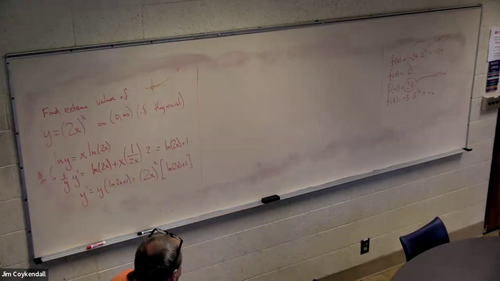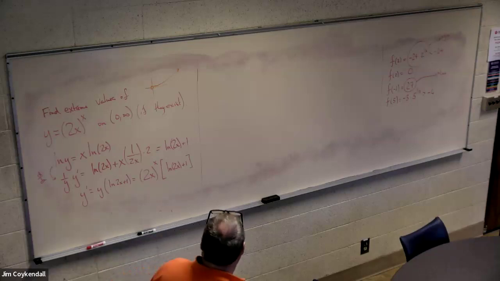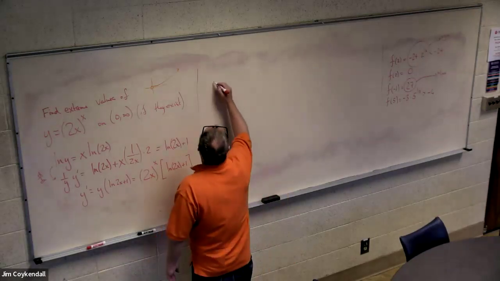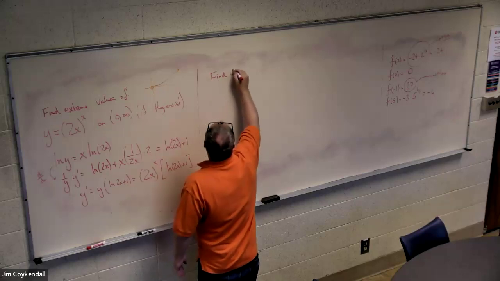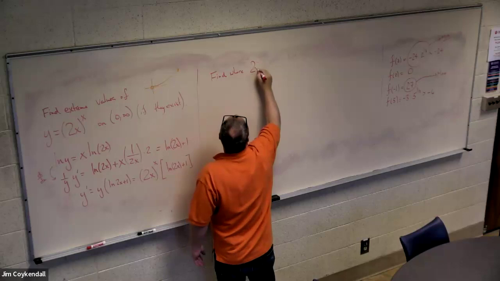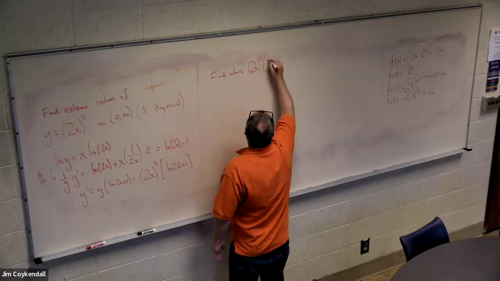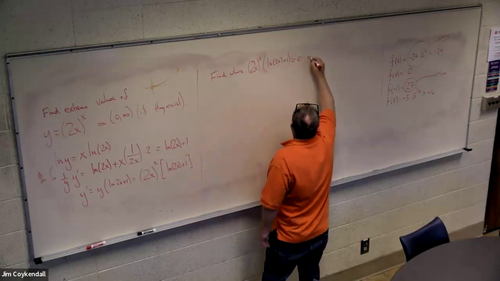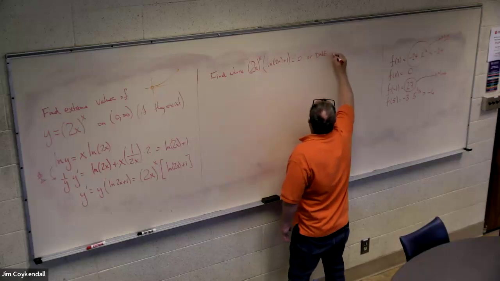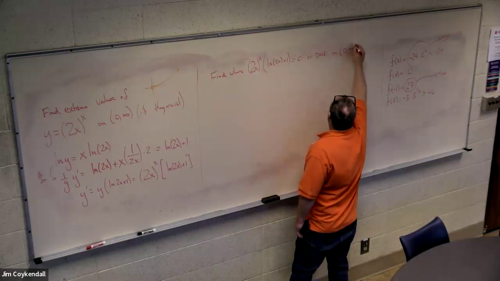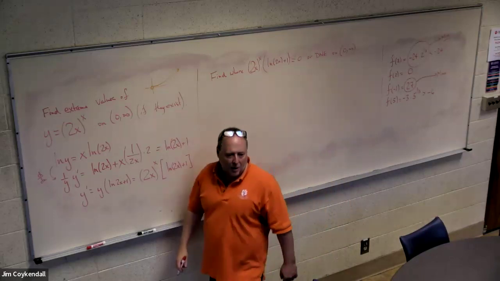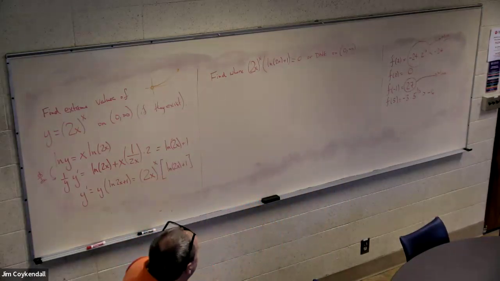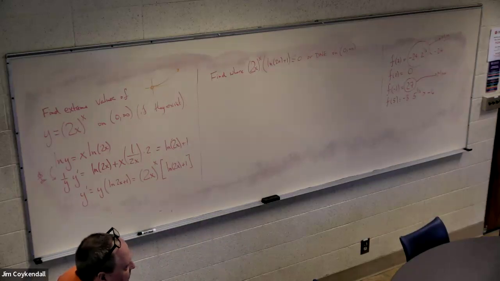The local extreme should correspond to where this thing is either equal to 0 or doesn't exist on that interval.